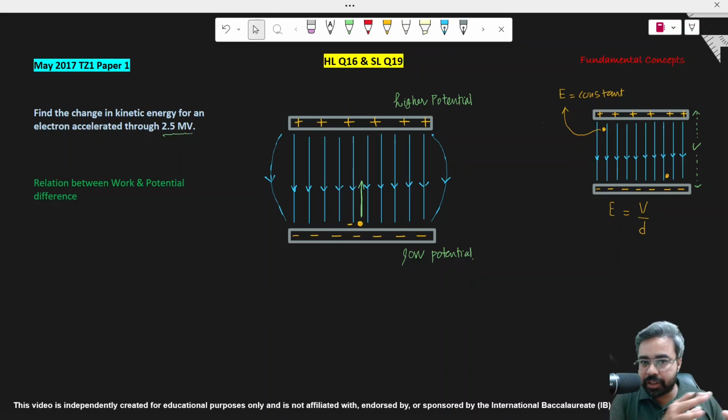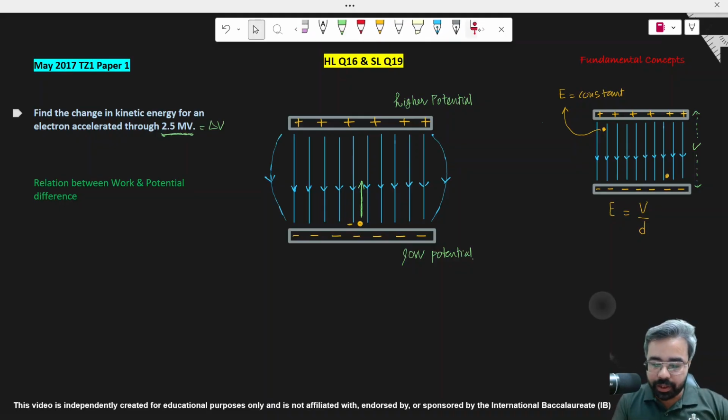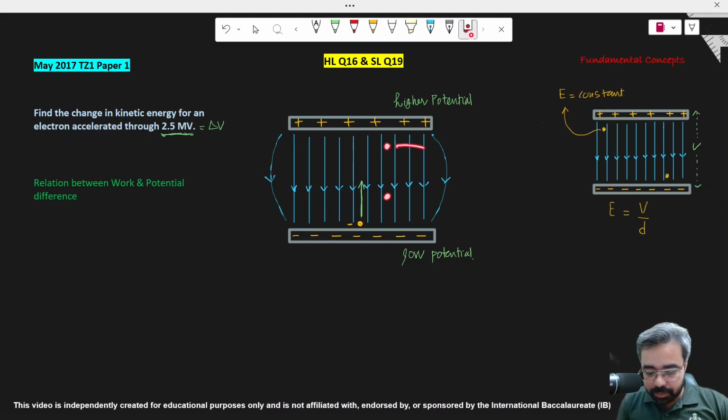Even if it's not mentioned from negative to positive, we are just given the potential difference, that is delta V, right? It doesn't mean that it's going from negative to positive. It can go anywhere from this point to this point, but between those two points the potential difference is given to us.